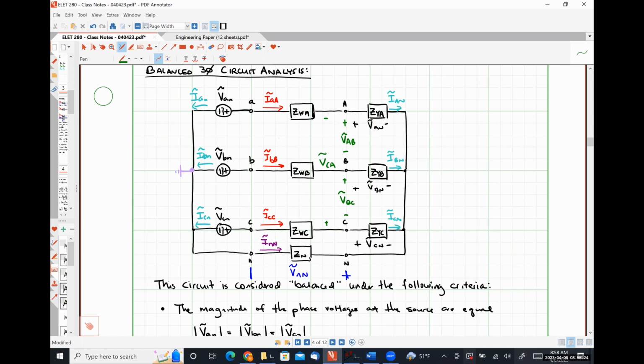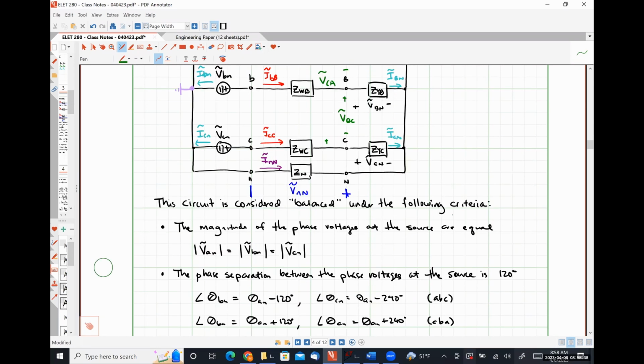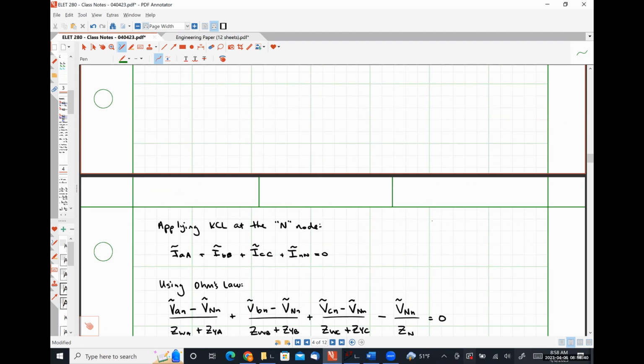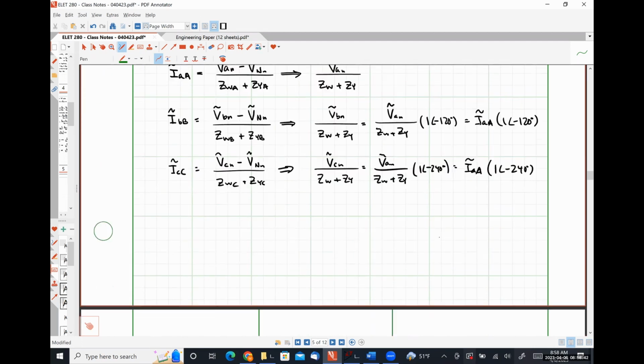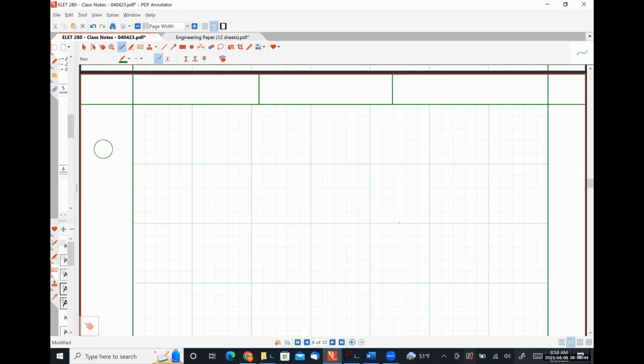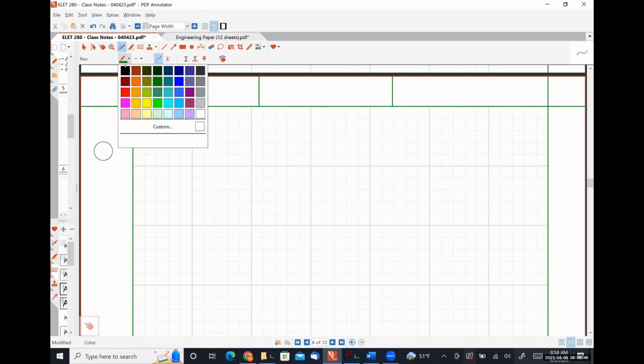So what that means is we can represent a three-phase YY system in a much more simple form to analyze. Okay. So that form, let's scroll down here, is what's called the single-phase equivalent circuit.